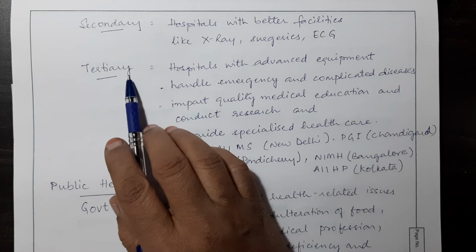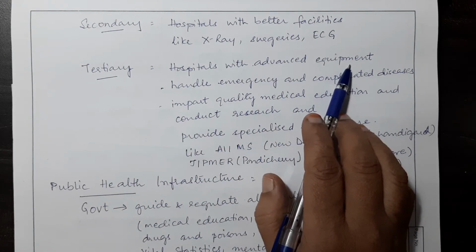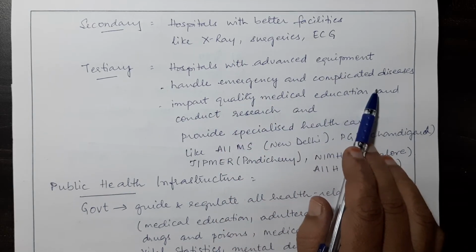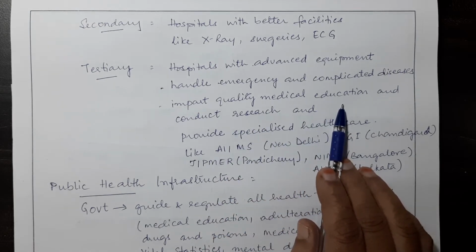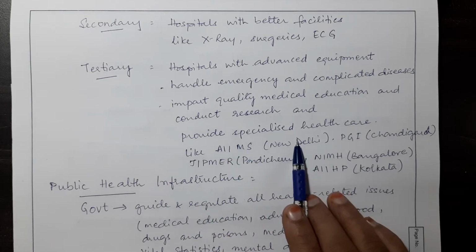Now, the tertiary healthcare services include hospitals with advanced equipment which can handle emergency and complicated diseases and impart quality medical education and conduct research and also provide with specialized health care.